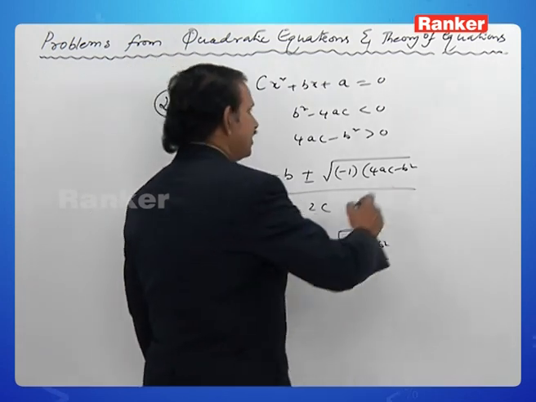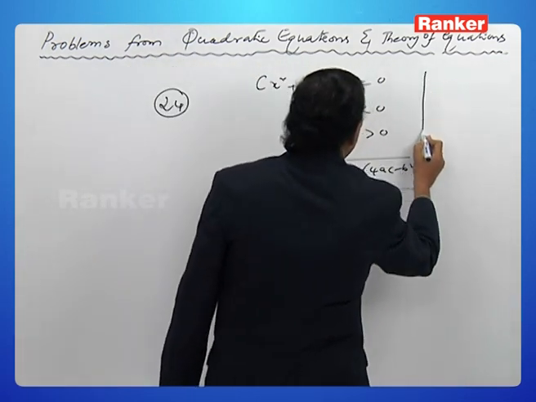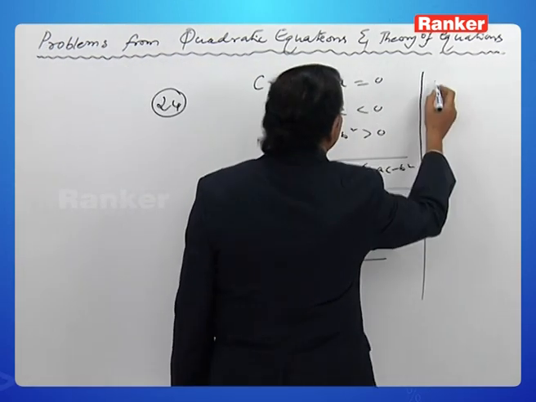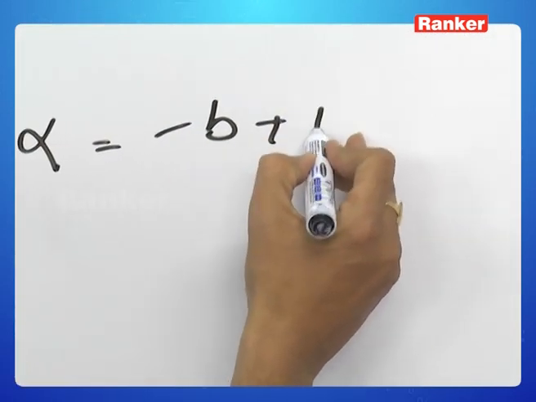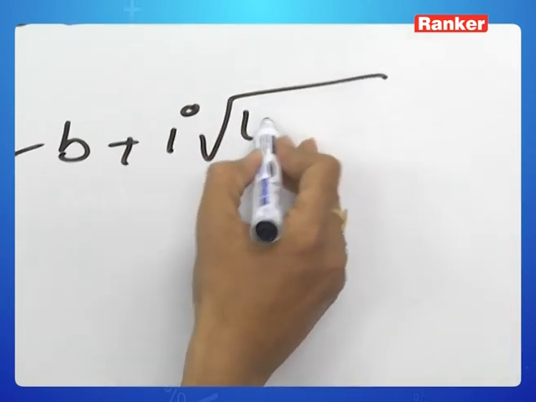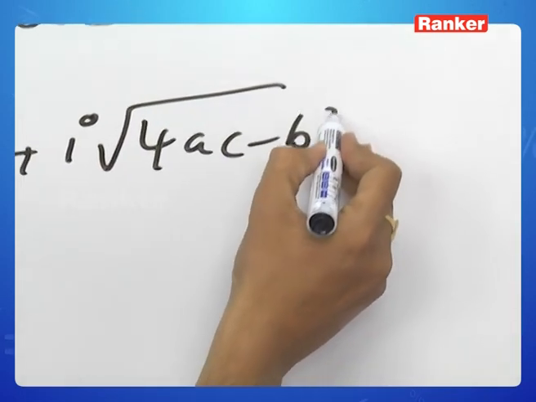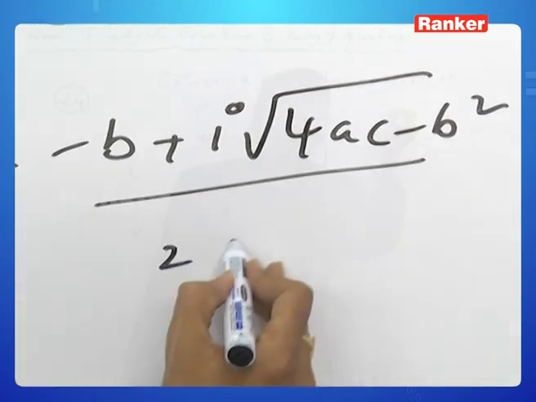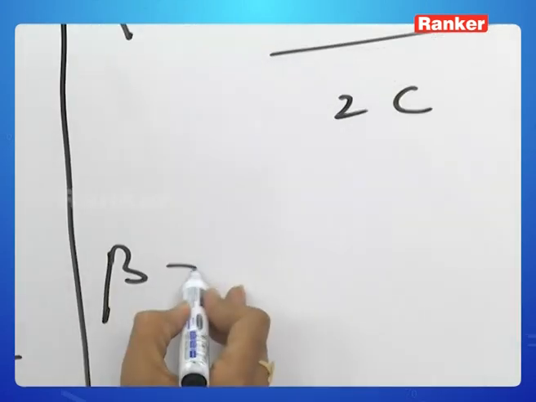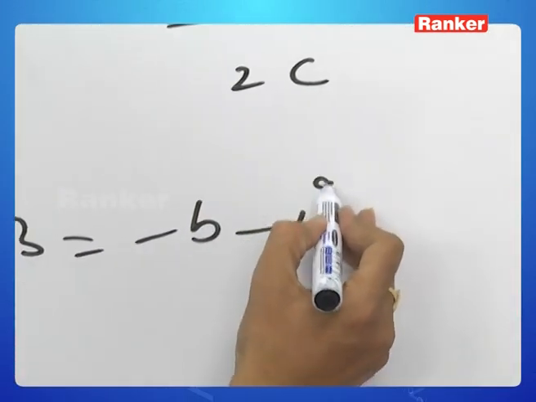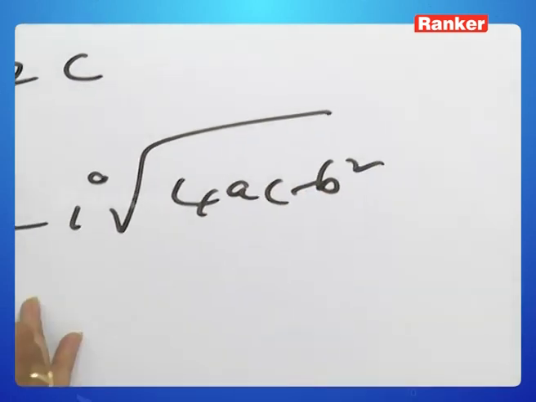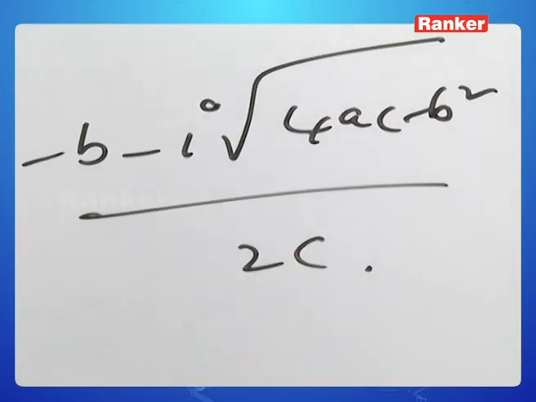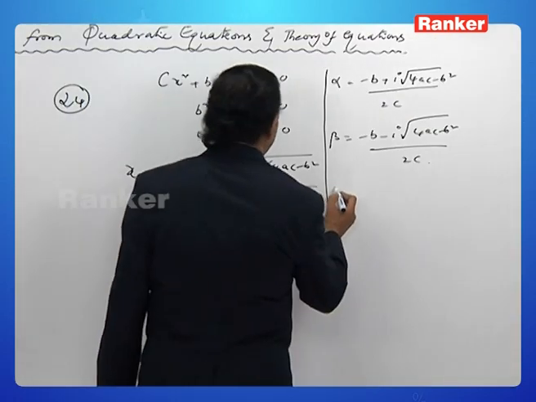Now let me name them alpha and beta, as it is given that alpha and beta are the roots. Alpha is equal to (-b + i√(4ac - b²))/2c, and beta is equal to (-b - i√(4ac - b²))/2c. Good. Find mod alpha.